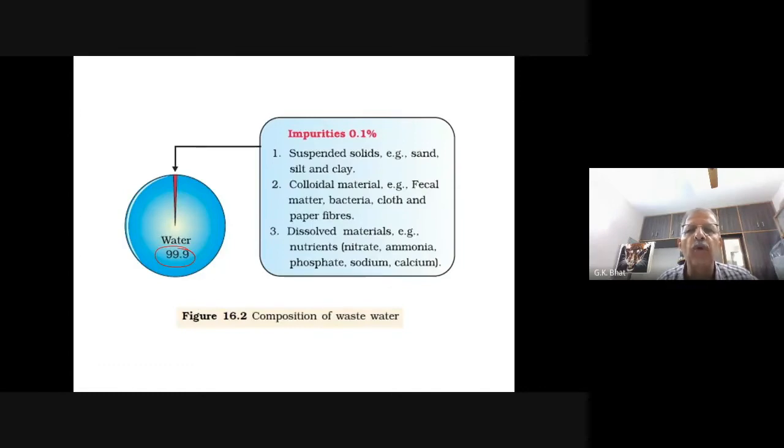The impurity is only 0.1%, maybe due to suspended solids like sand, silt, clay, colloidal material such as fecal matter, bacteria, cloth and paper fibers, and dissolved nutrients like nitrate, ammonia, phosphate, sodium, calcium.